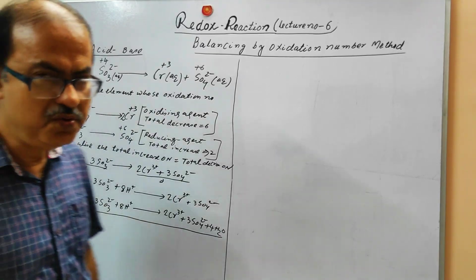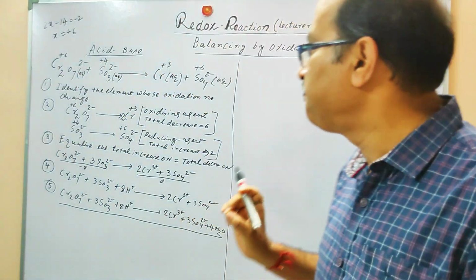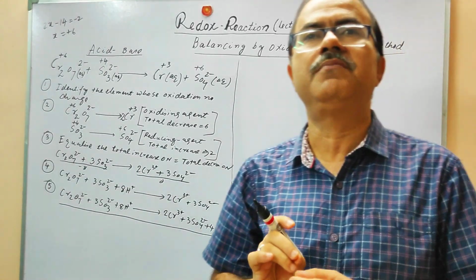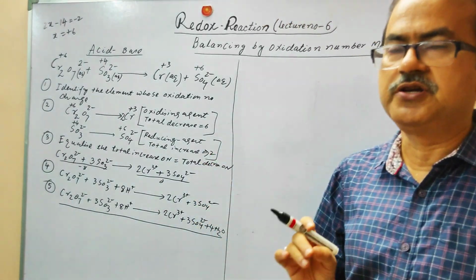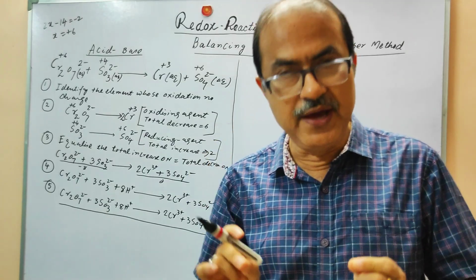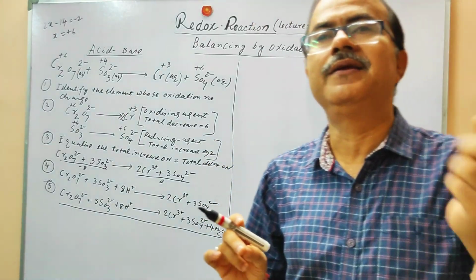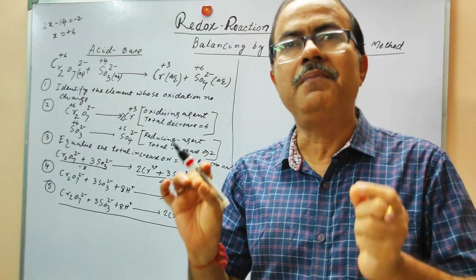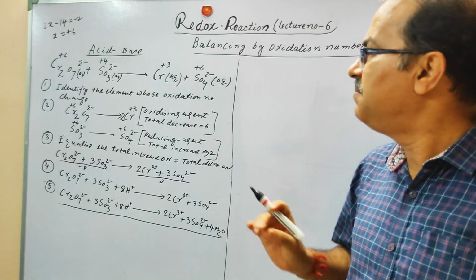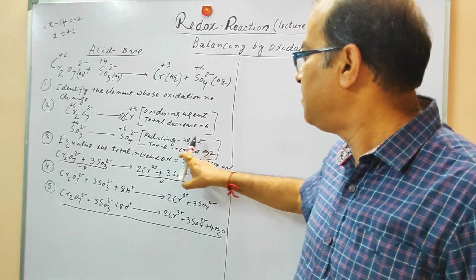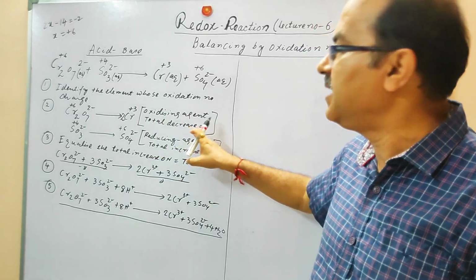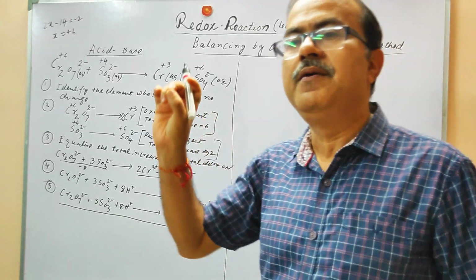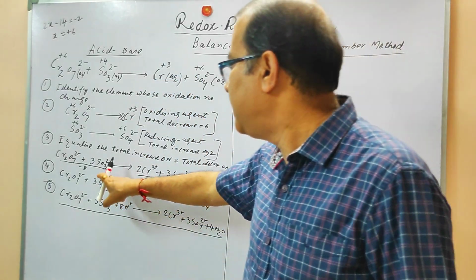Okay, so what do we do? First we have to calculate the increase or decrease in the oxidation number. Accordingly, we identify the reducing agent and oxidizing agent. Then you have to calculate the total increase and total decrease in the oxidation number. Then you have to make them equal by putting a suitable integer, which we have done here.